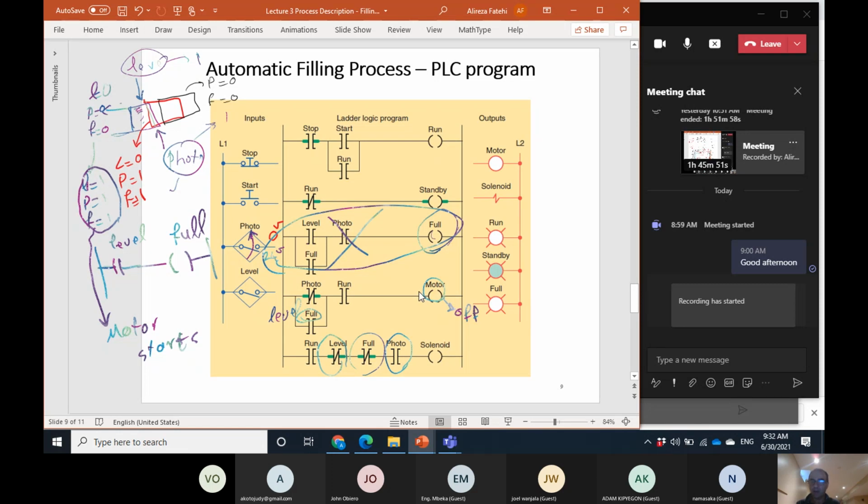And then we analyze that and say that, okay, we need this internal variable full, to keep the command for running the motor until it clears the photosensor. So the motor starts when the level reaches the maximum, but continues even when there's not anything on that.